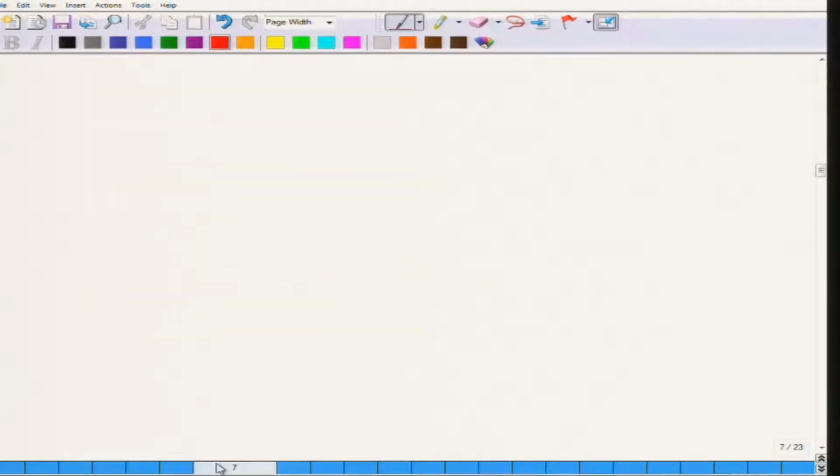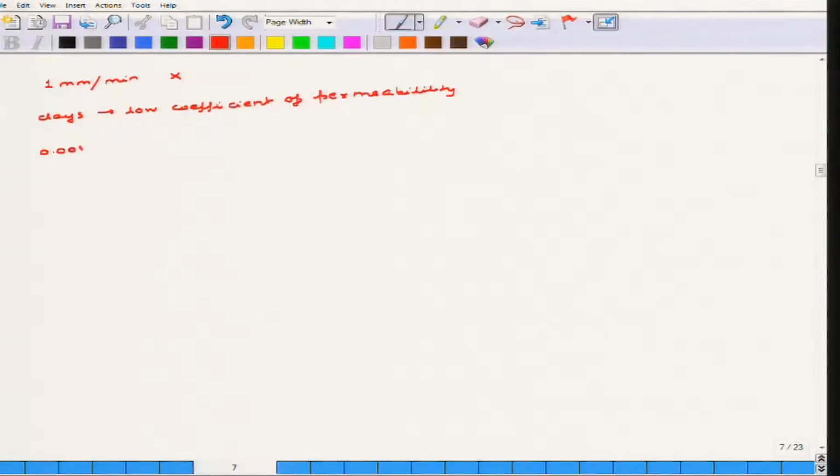So in the first case, let us say a strain rate of 1 millimeter per minute is applied to sample X. Now clays have a very low coefficient of permeability. We all know this from our permeability chapter. For sample Y, the strain rate is 0.005 millimeter per minute.